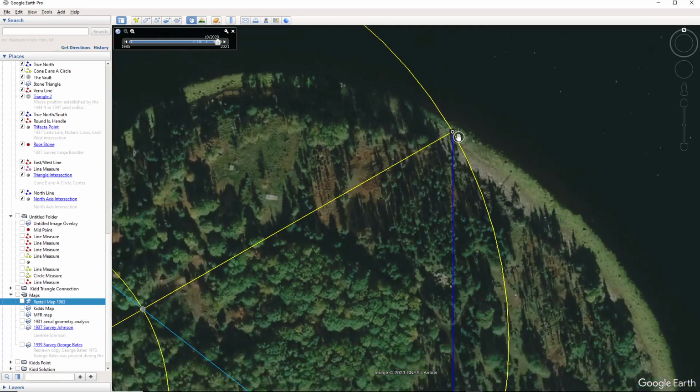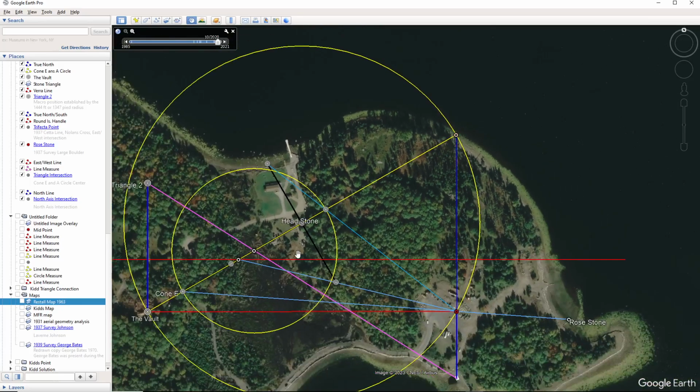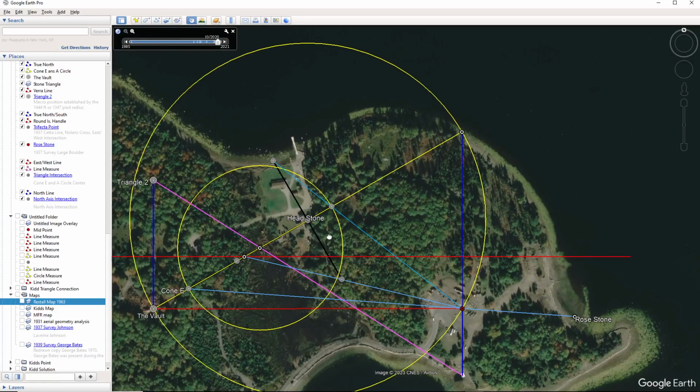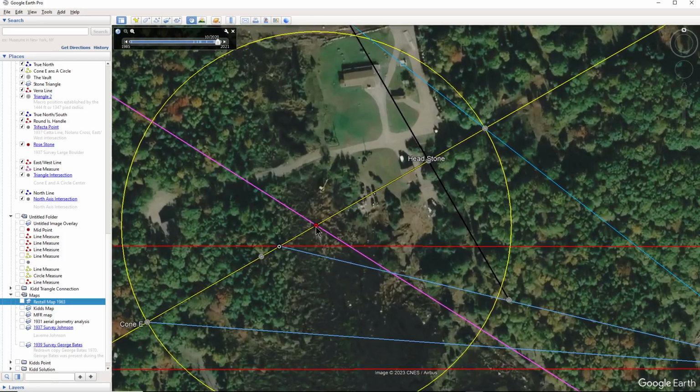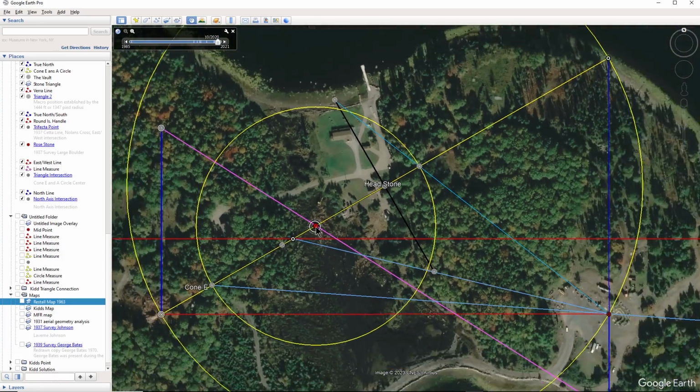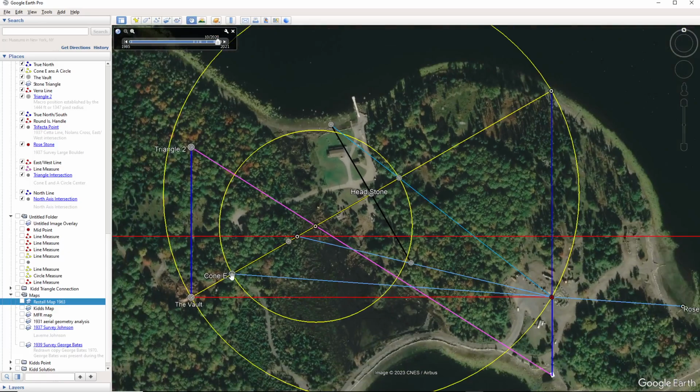And the center of this circle is the headstone. And we have another thing: from the stone triangle to triangle 2 sets up a center point right here that is equidistant from cone E and cone A.